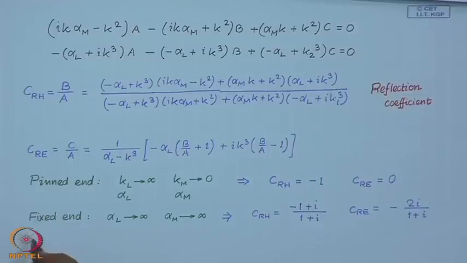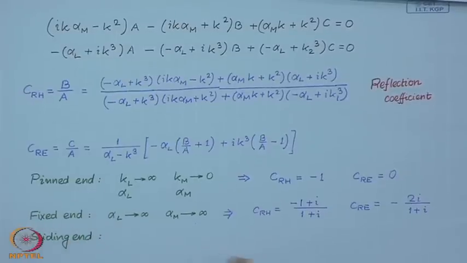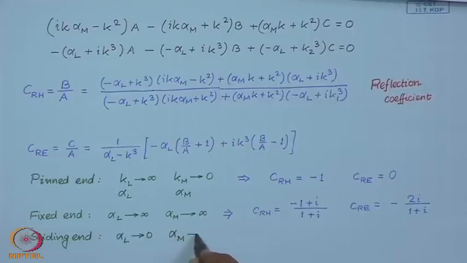For example, if you consider a sliding end, which means that alpha L is 0, so the linear spring is 0, whereas the torsional spring is infinite.